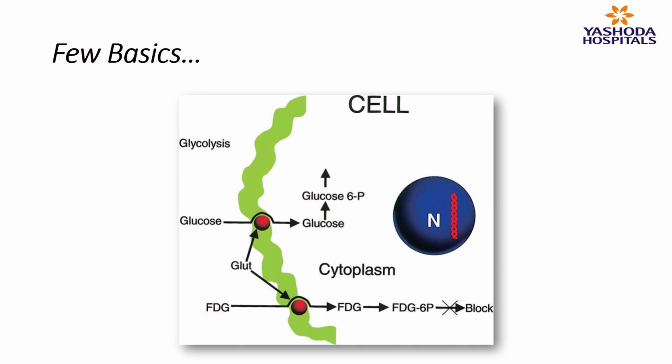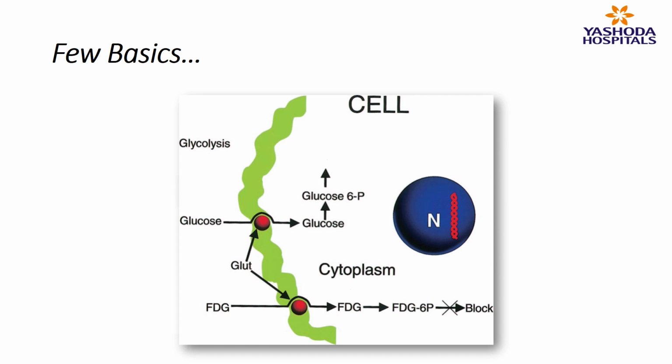But the difference starts there. As the cell recognizes FDG as a different chemical from glucose, it will not enter further into the glycolytic pathways. The step that makes the difference is that cancer cells or inflammatory cells have very little dephosphatase enzyme.